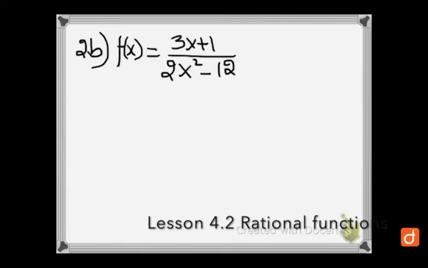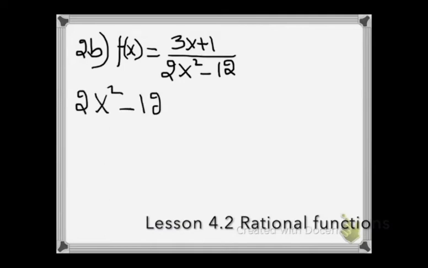So now we move to the second part of example 2, which is how do I find the vertical asymptote of 3x plus 1 over 2x squared minus 12. I should solve the denominator equals to 0 based on the rule of the VA. So the denominator, which is 2x squared minus 12, equals to 0.